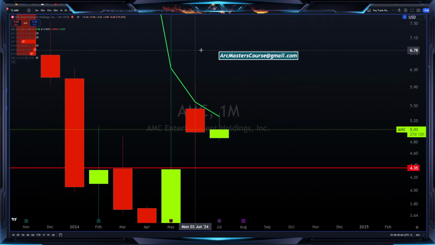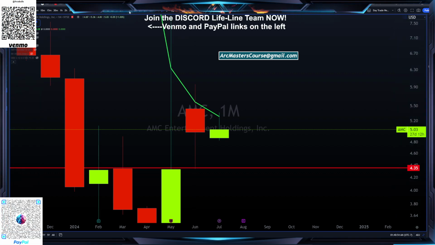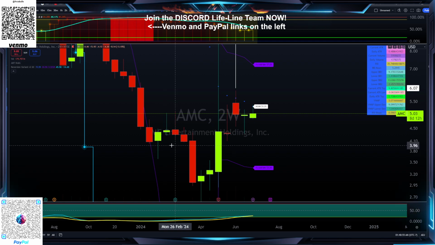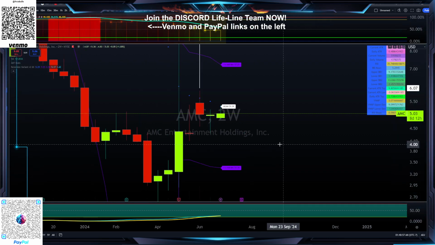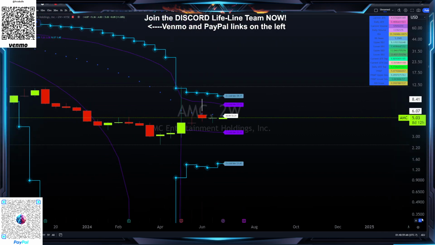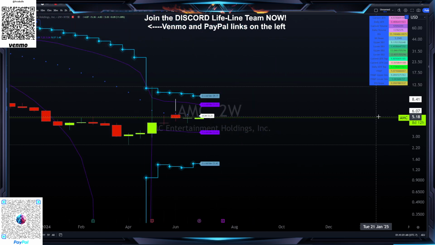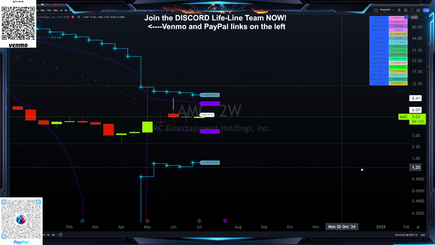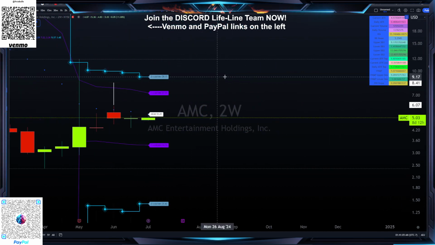Now, let me just go ahead and display to you a little more so you can identify more potential rejections, right? Take a look at this next chart right over here. Okay, so we're looking at the volatility bands in this case. Some people know them as Bollinger Bands, right? So this is my personal script, an algorithm that I've developed.